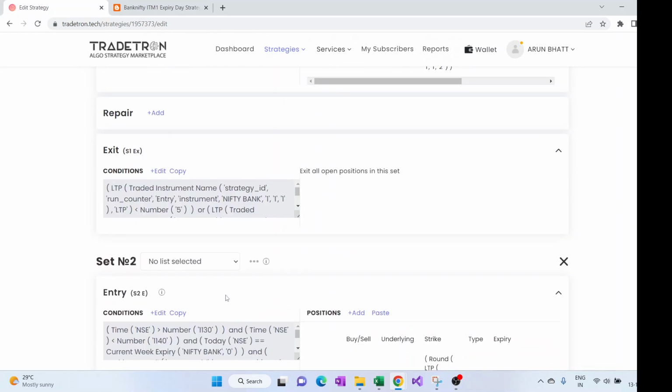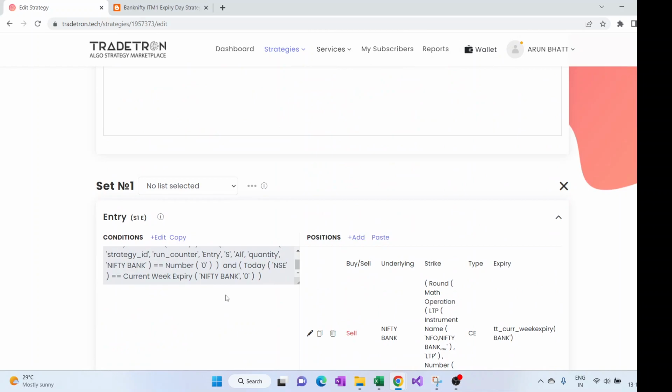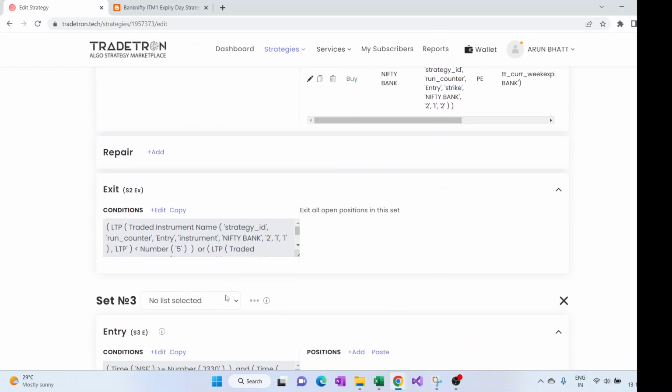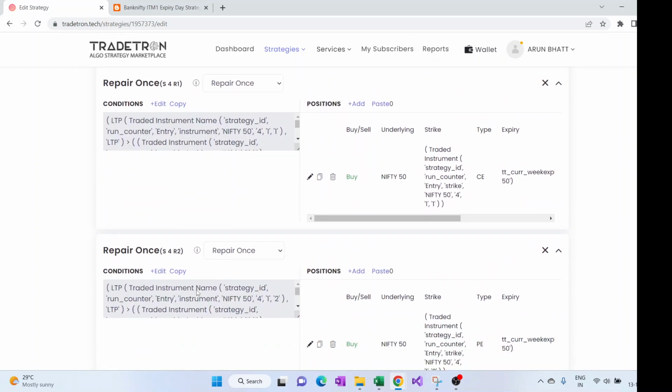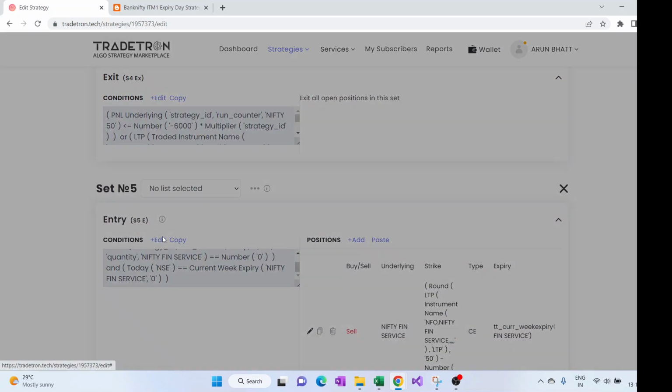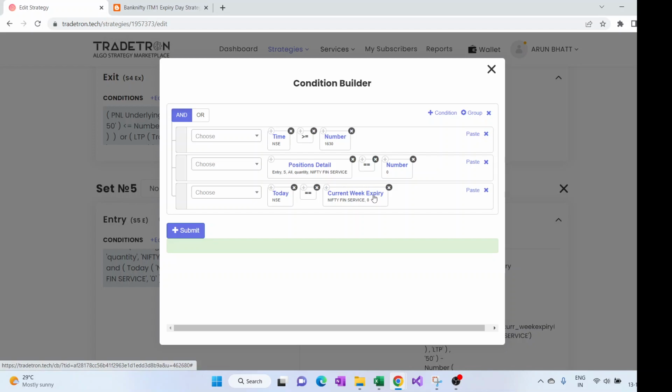You have to change the time, and one more thing for Fin Nifty: it is checking for the current week expiry of Nifty Fin Service. Expiry of Nifty Financial Services happens on Tuesday, so automatically it will take the trade on Tuesday only, and in case Tuesday is a holiday, it will automatically take the trade on Monday.